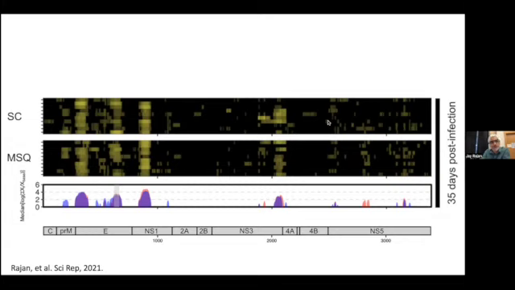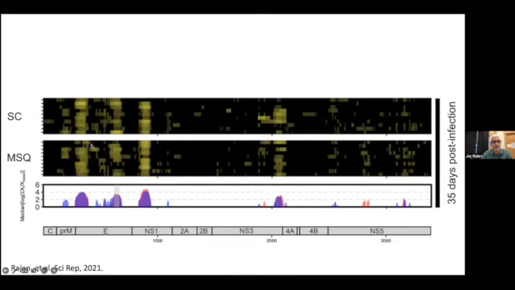We know that the envelope protein, which is the main surface antigen for flaviviruses, is a crucial target of host antibodies. Similarly, the NS1 protein, which has a lot of different functions, is also known to be a pretty important target in flavivirus infections. And so, unsurprisingly, that's where the signal is strongest.